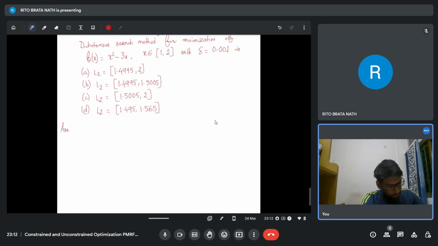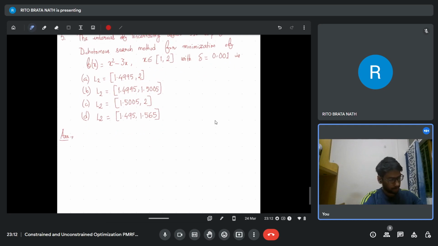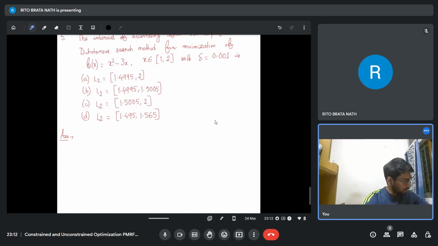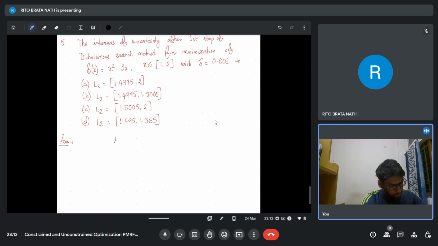It's an interesting problem to deal with. So let me write down the expressions. f(x) is x squared minus 3x, x belongs to 1 comma 2, delta equals 0.001.